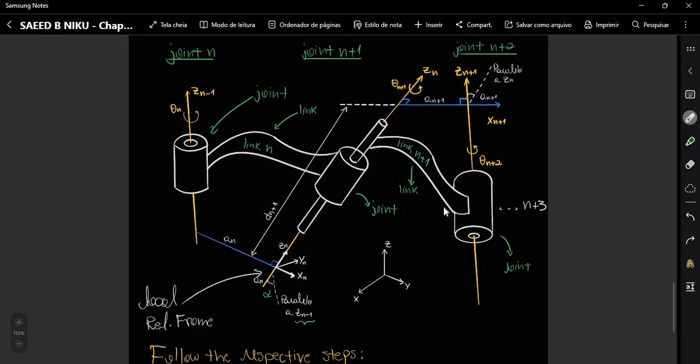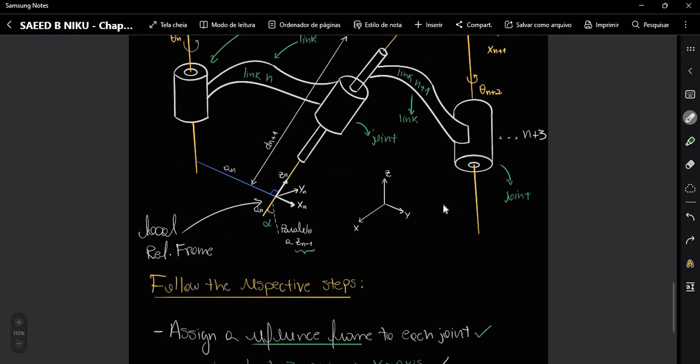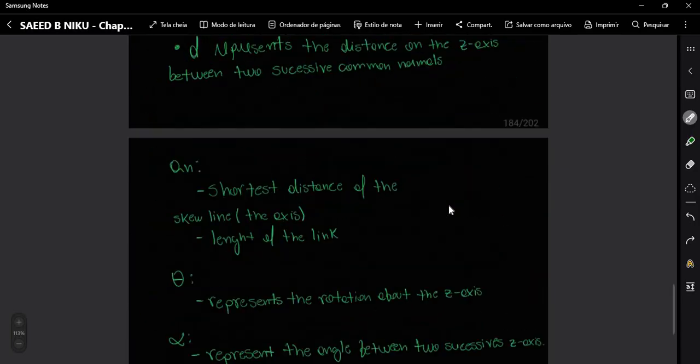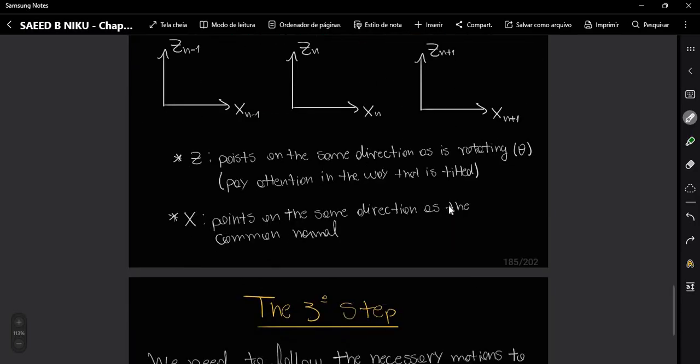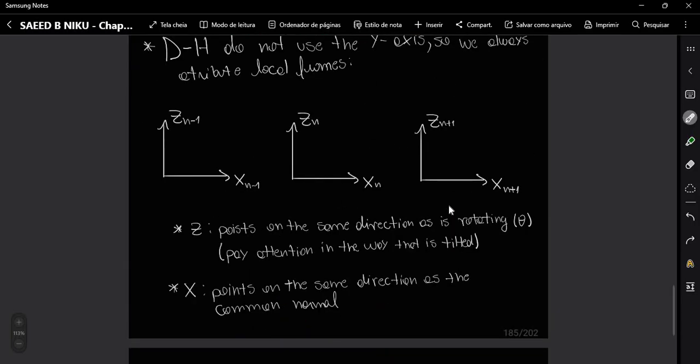Okay, so again, when using DH representation, we follow this procedure. First, we assign a reference frame to each joint, and this is what we are doing right here. This is the reference frame that we are assigning to this joint. For the center joint, we are assigning Zn and Xn.